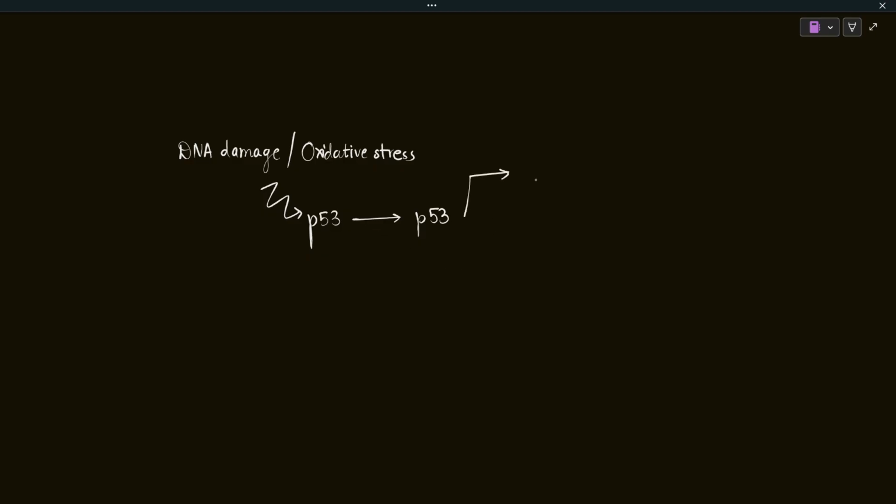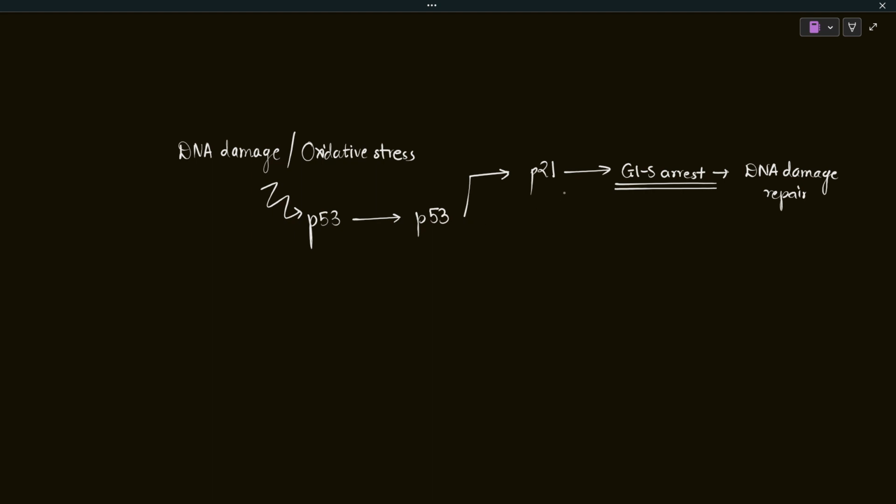Once p53 is activated, it can activate p21, which arrests the cell cycle in G1 phase, and due to the G1/S arrest, DNA damage repair is carried out. Once the DNA damage is repaired, the cell can enter S phase and continue proliferation.